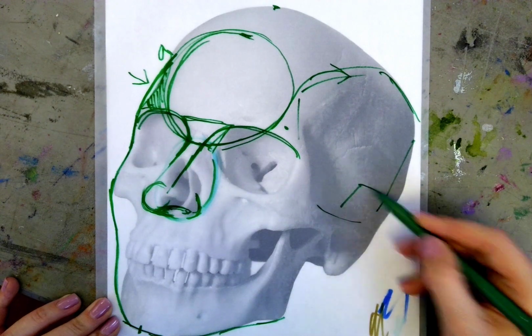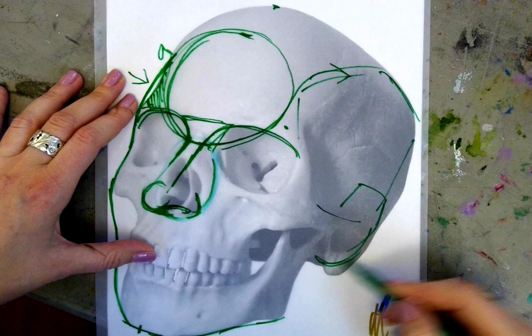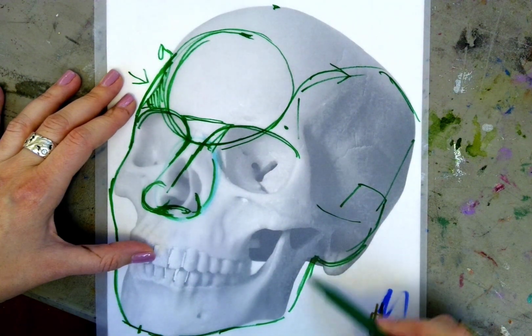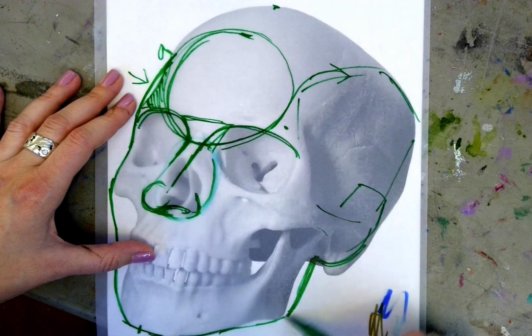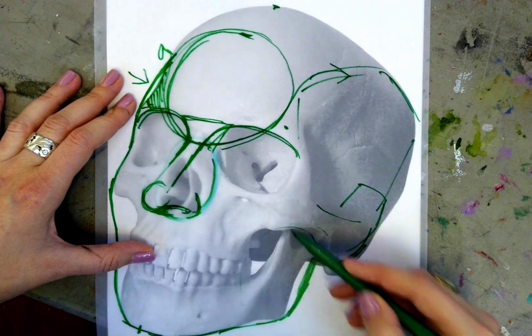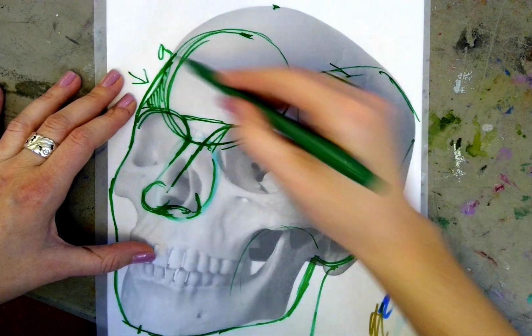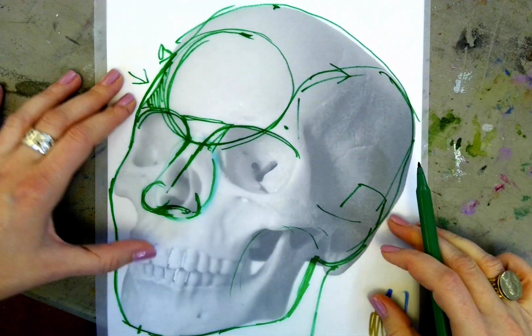The ear is going to be about here. And I'm going a little bit further out because this is where the masseter comes in. And so you're going to have this filling with muscle. Like so.